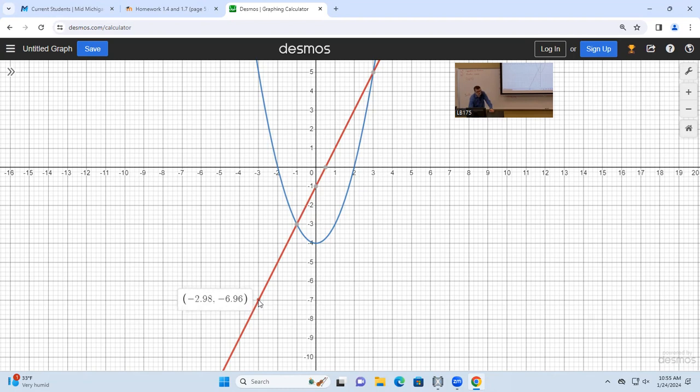So f of g of 1, put an input of 1, gives you -3. Input a -3 into the other one, gives you an output of -7. So you can do this with graphs, just like we could with numerically plugging things in too. Just think inputs and outputs.